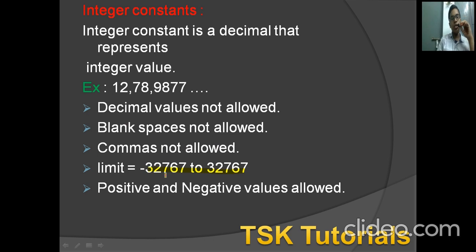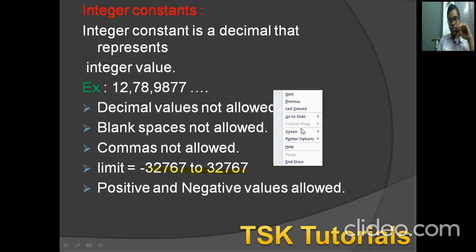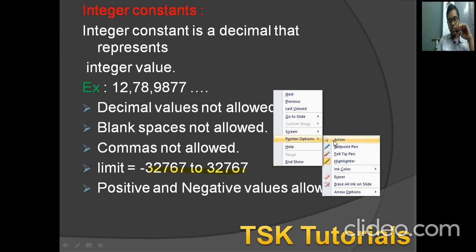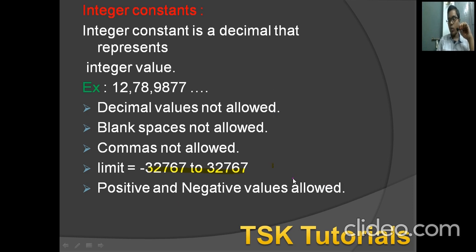You must make sure that the input maximum and minimum values are within 32767 and minus 32767. Both positive and negative values are allowed, because you know the integers are of two kinds, the positive integers and negative integers, and 0 is also in the integers.